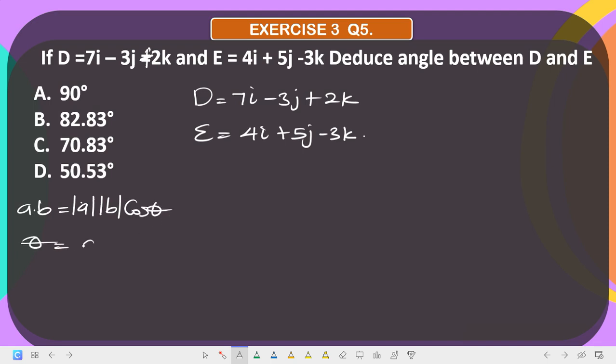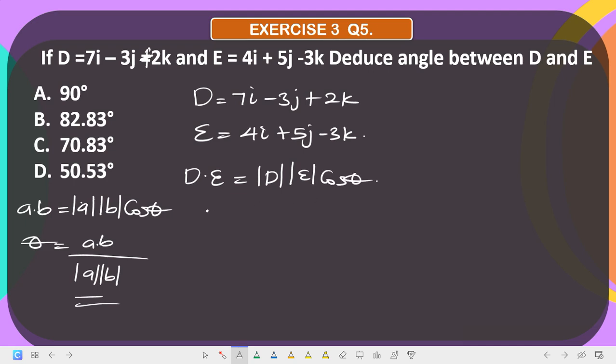So in this case we have d dot e is equal to the magnitude of d times the magnitude of e cos theta. So our theta becomes cos inverse of d dot e divided by the magnitude of d and the magnitude of e.